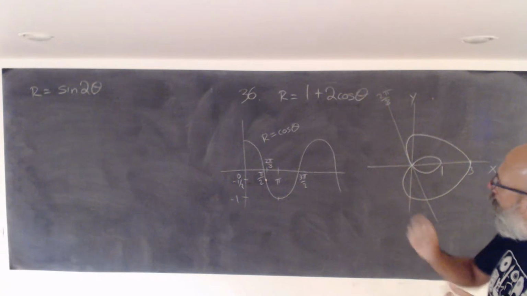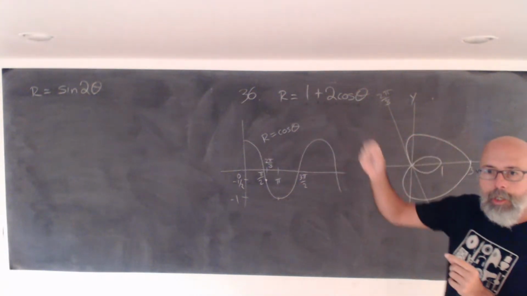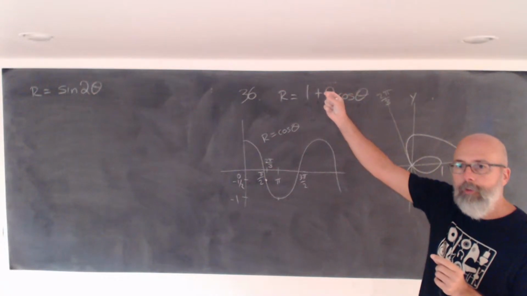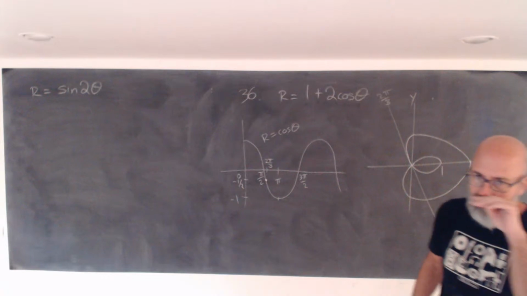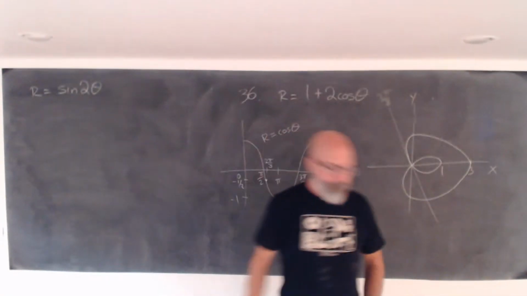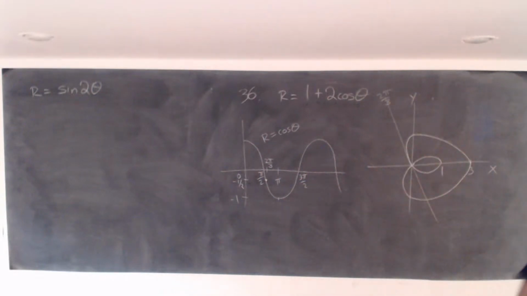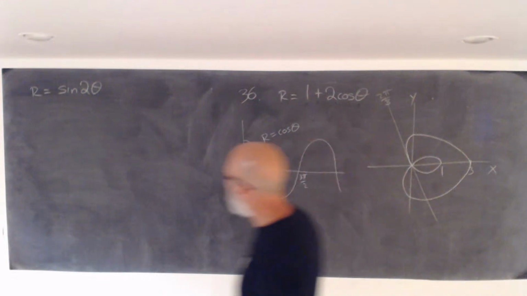So r, which is the distance from the origin, gets larger and larger. So that's a nice thing to graph. Let's not do that, though. Let's work our way up to more complicated functions by looking at sine of 2 theta.